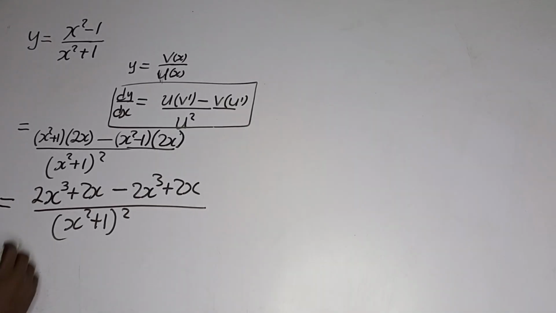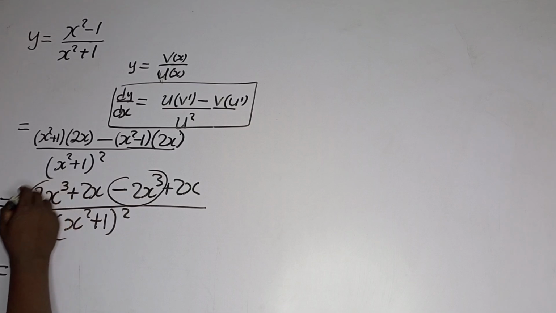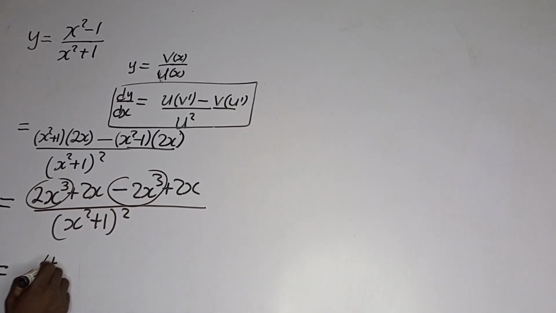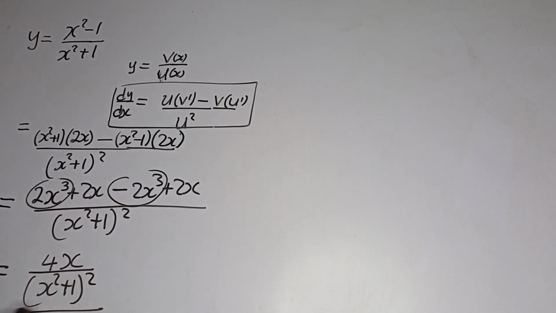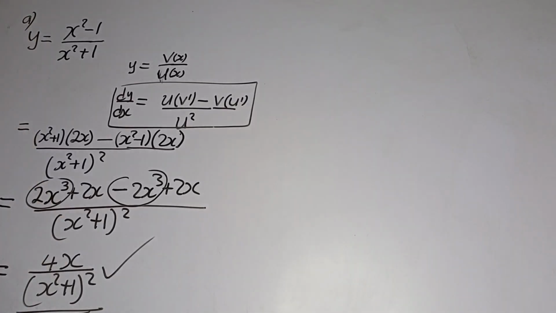So this gives us, we have 2x cubed minus 2x cubed. They cancel out, 0. So we have 2x plus 2x. That gives us 4x all over x squared plus 1 all squared. So our first derivative with respect to x for your first exercise A. The expression for the first derivative is 4x all over x squared plus 1 all of that squared.